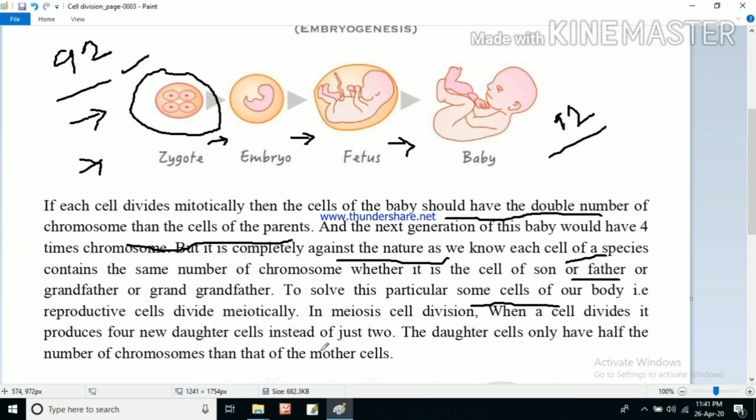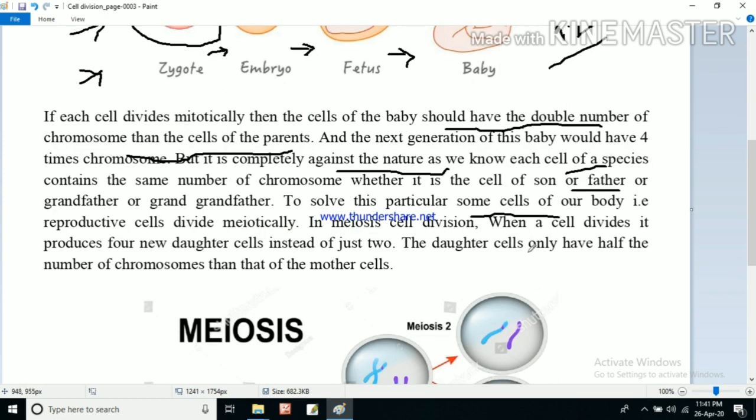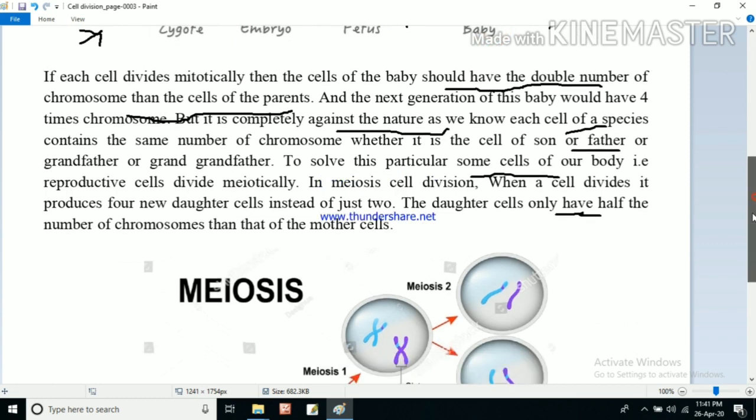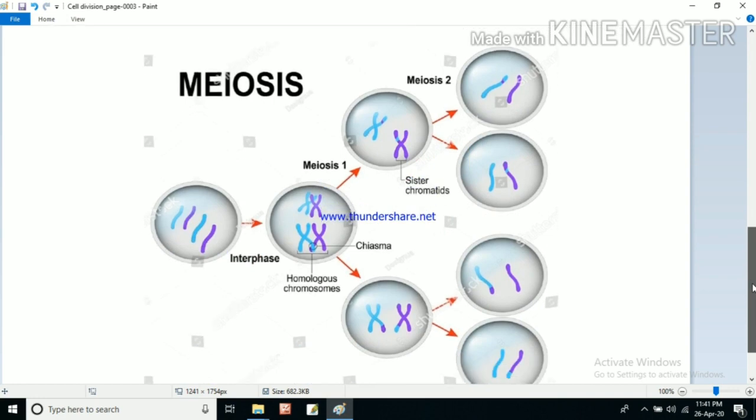The daughter cells only have half the number of chromosomes of the mother cell. In mitosis, daughter cells contain the same number of chromosomes as the mother cell, but in meiosis, the daughter cells contain half the number of chromosomes of the mother cell. So in this picture we can see it very clearly.